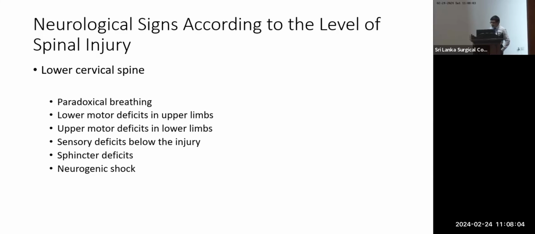But if the injury involves the lower cervical spine, then the patient can have paradoxical breathing. What do we mean by paradoxical breathing? When we say paradox, it's going in the opposite way than the anticipated way.